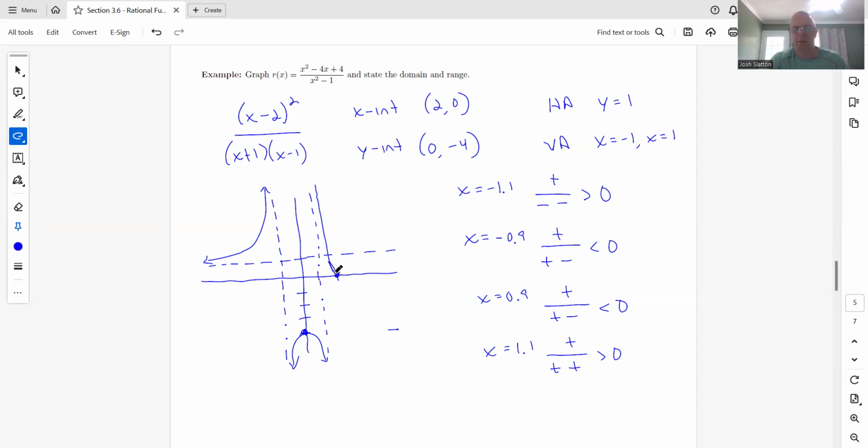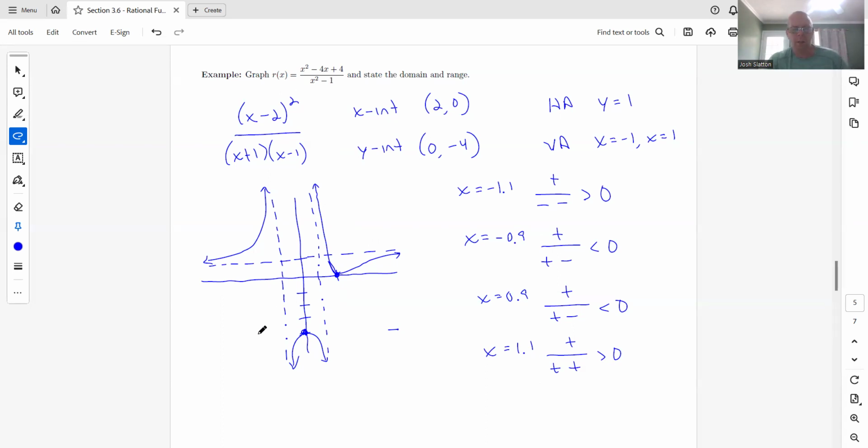It's going to touch. So in this case, because we know it's going to touch there, it has to be coming down like that. So there are two ways to figure that out, either from noticing that or just plugging in some numbers and seeing what sign we get.